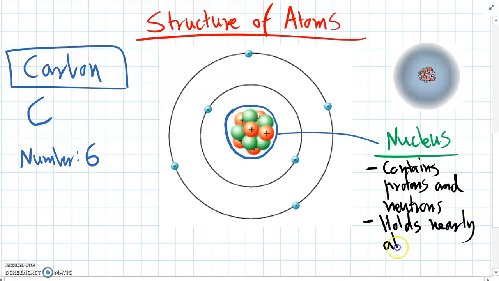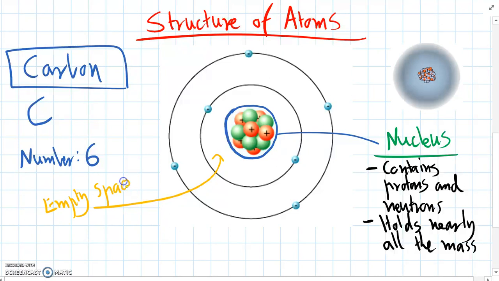Holds nearly all the mass. Then around the nucleus, we've got, firstly, basically a lot of empty space. So there's just nothing in there, except also we have the electrons themselves as well.